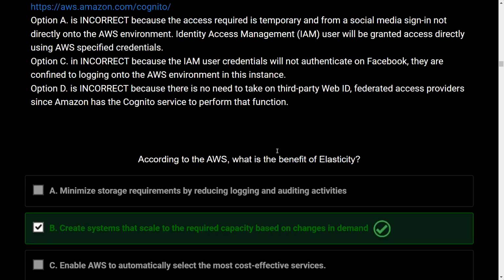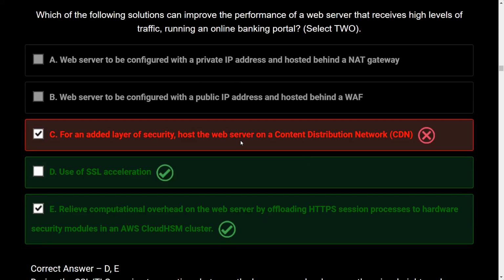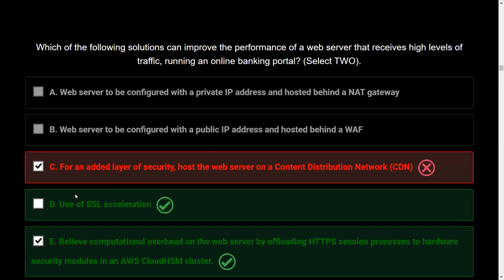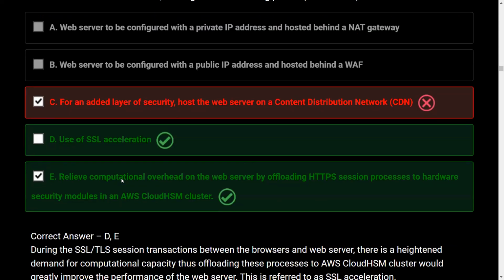So the question we got wrong on this. Check the select. So A, D, and E. So use SSL acceleration. Yeah, the RDS one. SSL can slow down websites because it requires encrypting and decrypting.